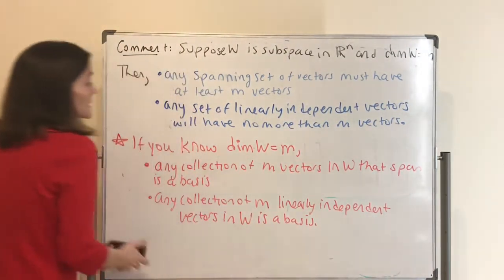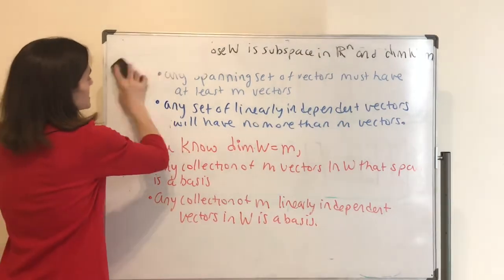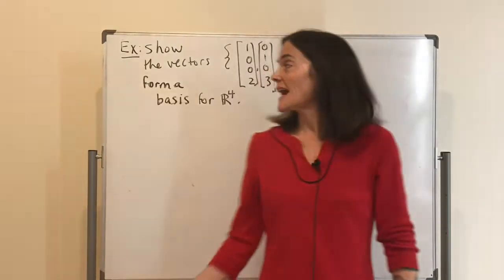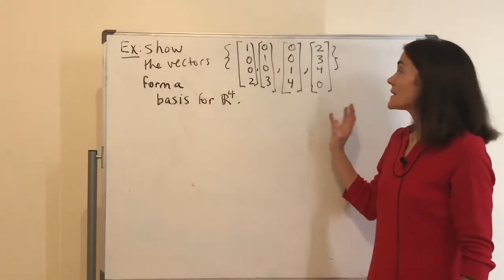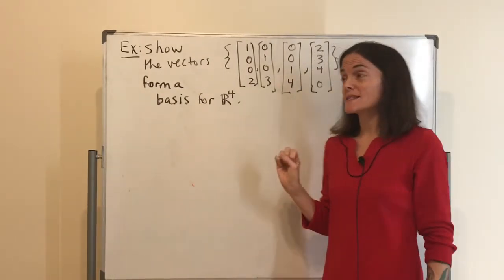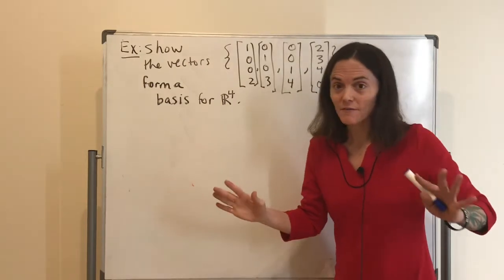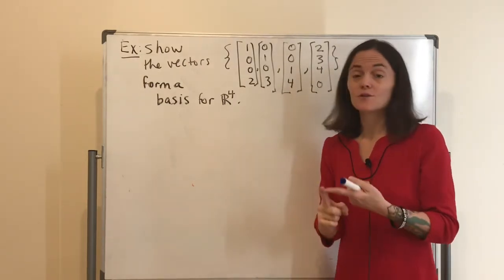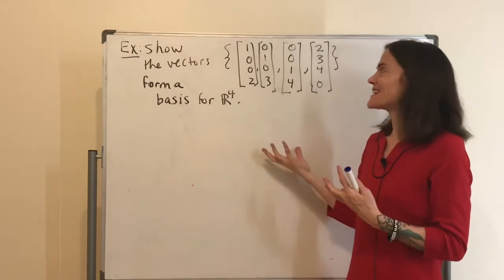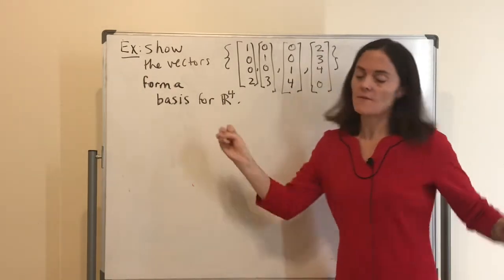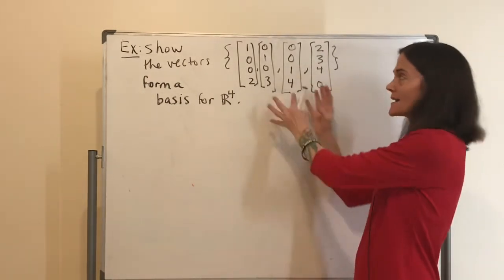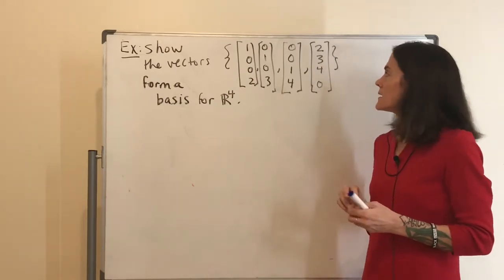Now let's do an example that uses this. I'd like to show that this collection of 4 vectors forms a basis for R4. Okay, so we have the right number, right? I have 2 options. I can either show it spans, which means I need to be able to just take some vector in R4 and write it as a linear combination of these.